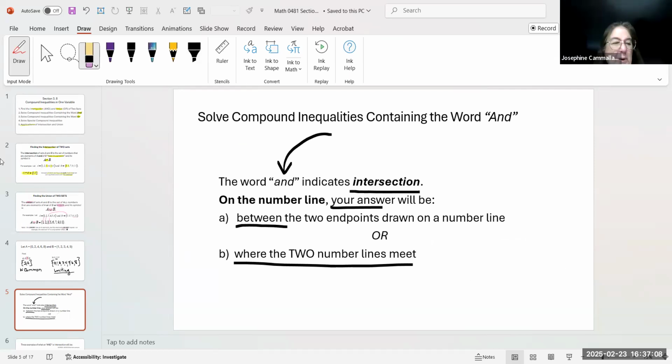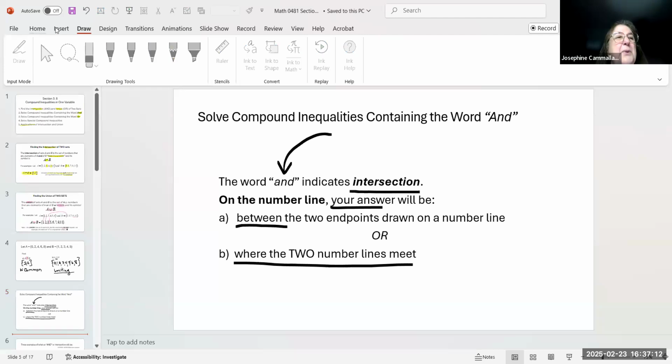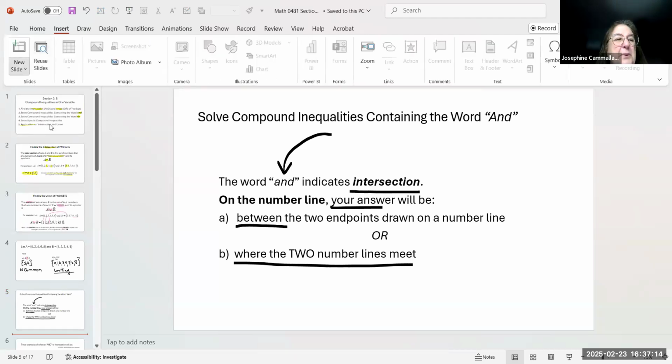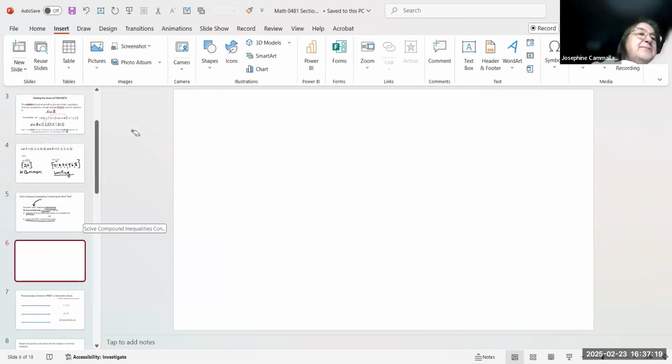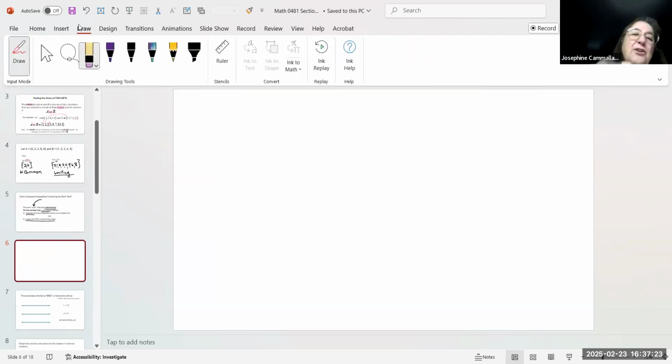Okay, I'm going to do it here. They are going to give you this equation.